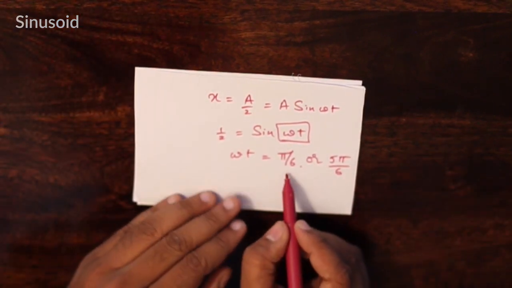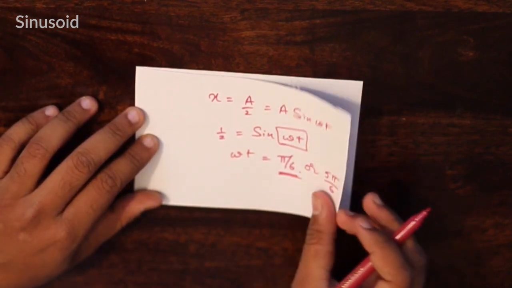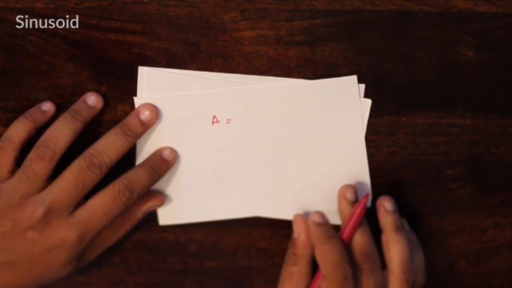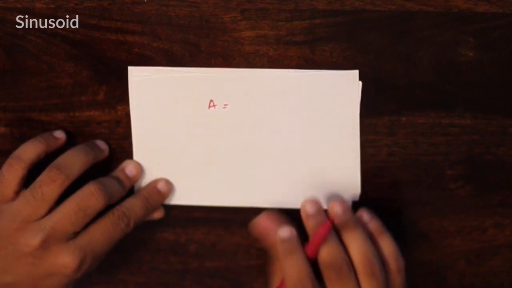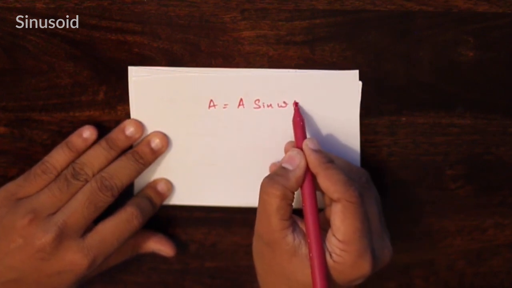Now let's consider the case of π by 6 itself. So if it takes 4 seconds in order to go to the end A, so A is equal to A sin(ω into 4).